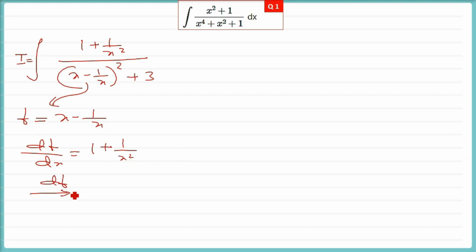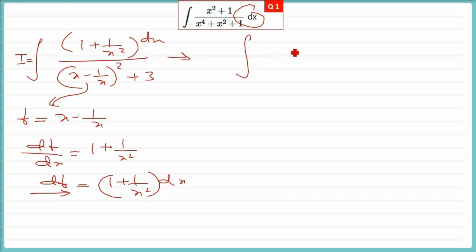So dt will become 1 plus 1 by x square into dx. So this integration will become like this. 1 plus 1 by x square dx will be dt. Denominator x minus 1 by x was taken as t. So it will be t square plus root 3 whole square, because 3 we wanted to have in a square form. So root 3 whole square.